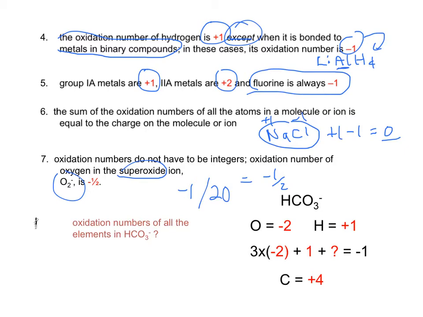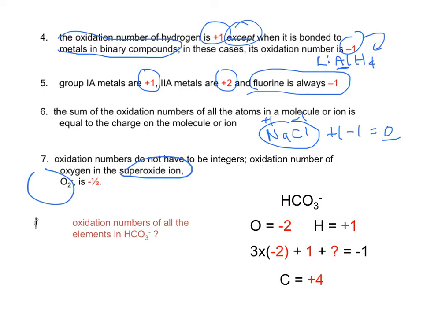So let's do a quick practice problem. We have an ion down here, and let's assign all the oxidation numbers. Listen to the thought process as I go through each of these. First of all, I'm going to look at the ions that I'm confident in their oxidation number.